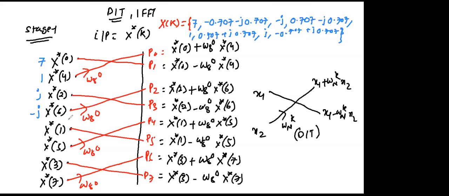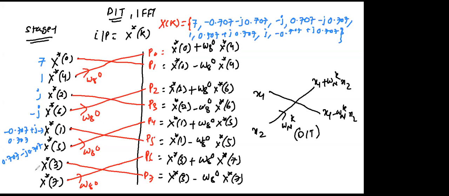X conjugate 1, see, this is X of 1. X conjugate means replace j by minus j. You have to do like this. Minus 0.707, this minus j becomes plus j 0.707. This is X conjugate 1. Similarly, X conjugate 5 is 0.707 minus j 0.707.